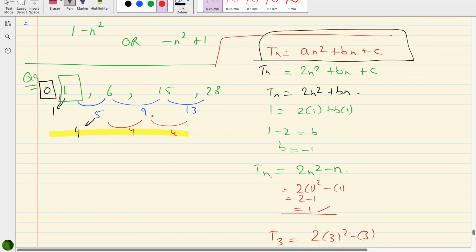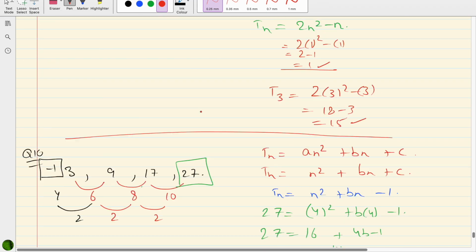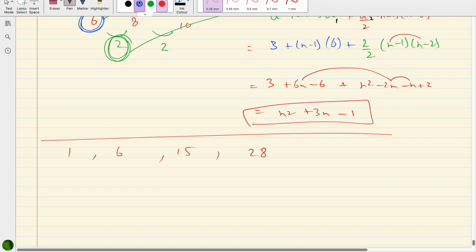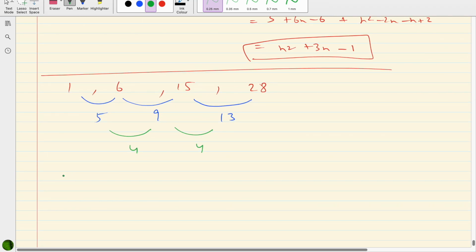Let's try this again. 1, 6, 15, 28. The differences are 5, 9, 13. And then we have 4 and 4. So it is a quadratic sequence.